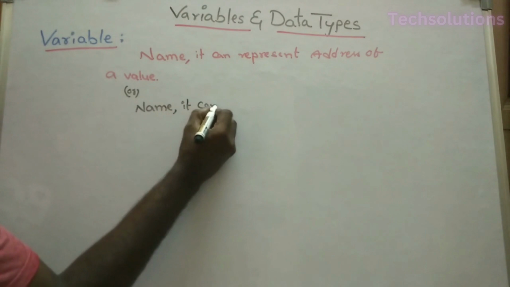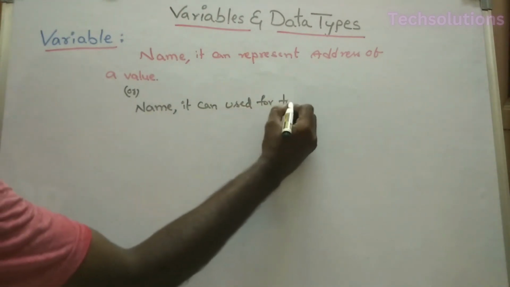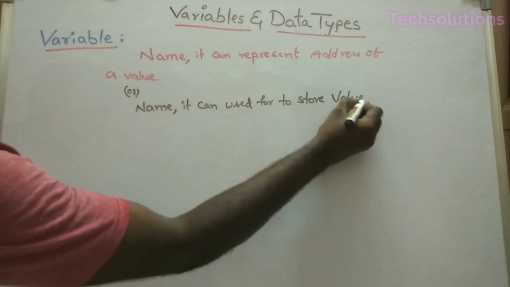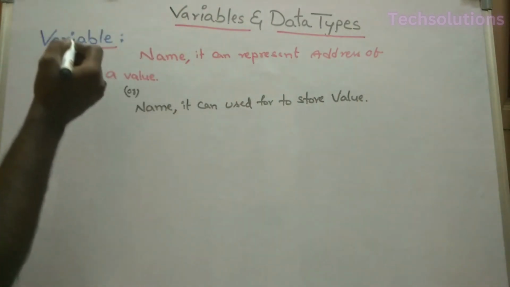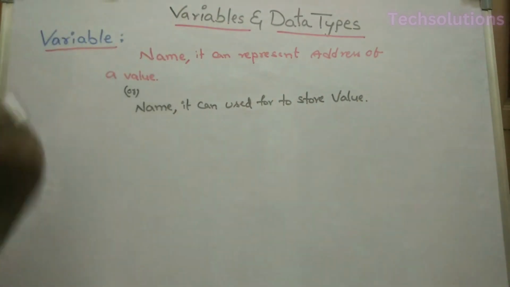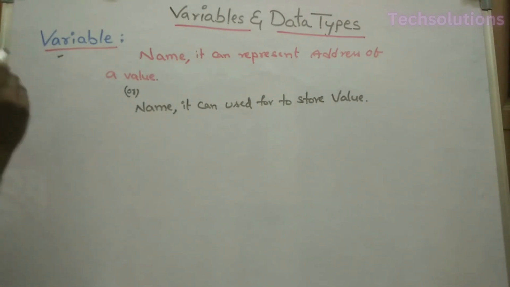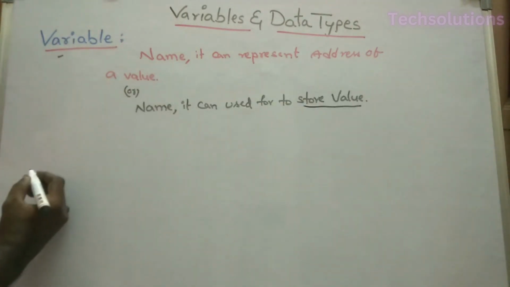It can be used to store a value. Whatever values you want to store, you have to assign to a particular variable. That is called a variable. Simply, the variable is a name that can be used to store some value, right?